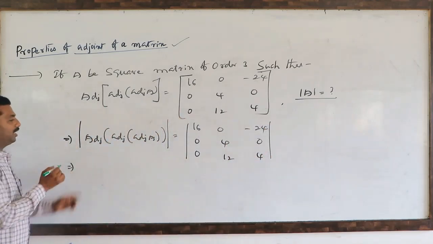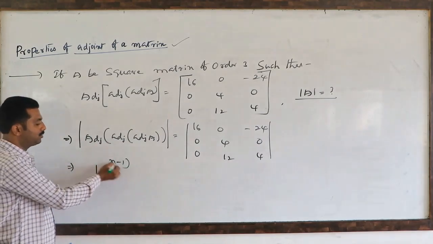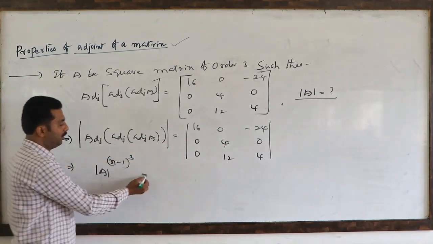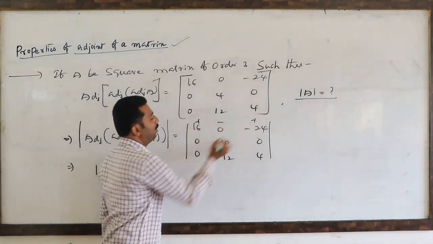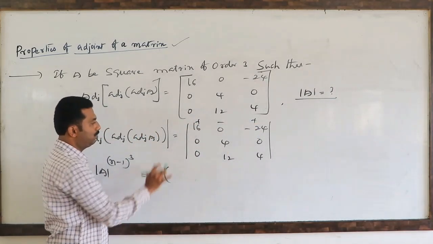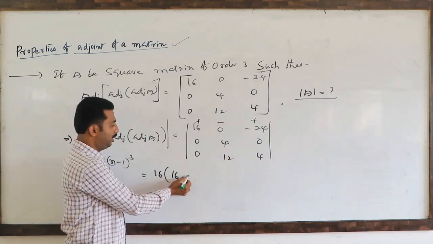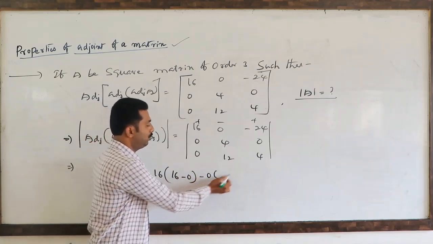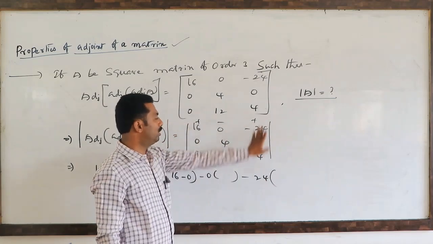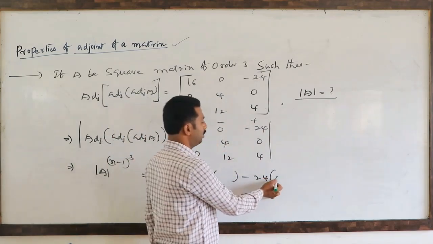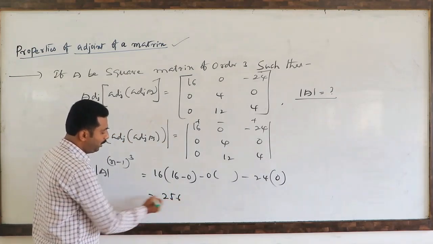How many adjoints are there? 3 adjoints are there. So determinant of A whole power n minus 1 whole cube equal to this. If I expand along the first row, this is 16 into, you close this row and column, 16 minus 0. Minus 0 into something, 0 minus 24 into, you close this row and column, 0 minus 0, nothing but 0. So clearly this is 256.